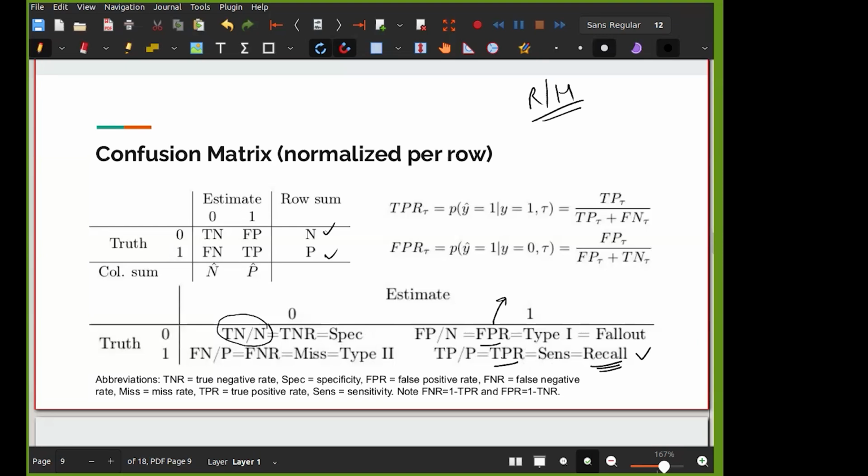So at the least, you should know the names of the rates and what they mean in terms of formula. And one interesting thing about rates here in this slide is the denominator is always from the ground truth. It's not n hat or p hat, it's n or p, right? So that's the interesting part which might help you remember. For example, if you are looking at true positive rate or true negative rate, it is just Tp by p or Tn by n.